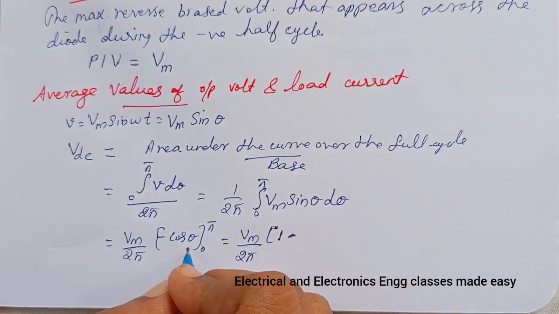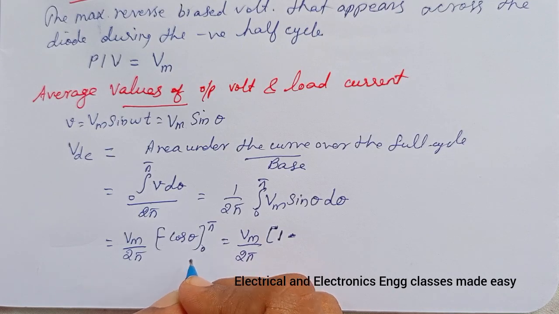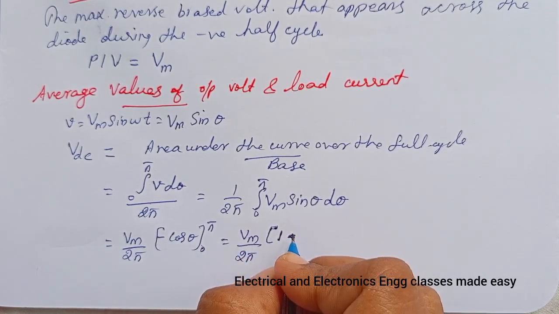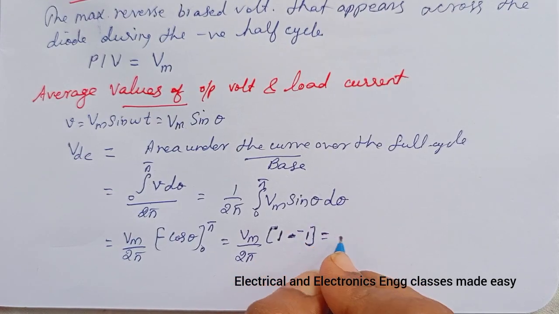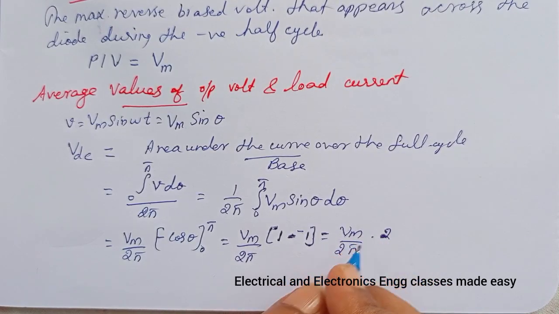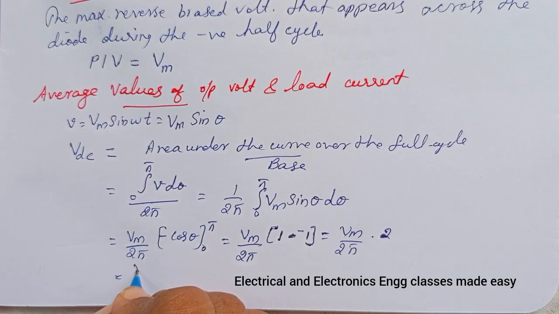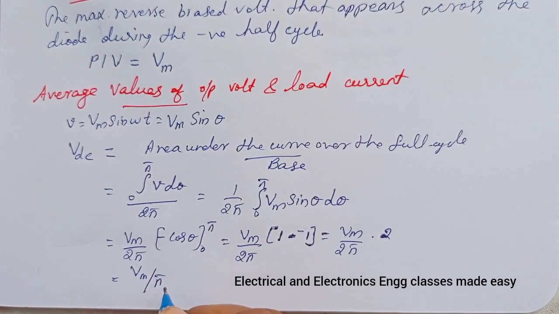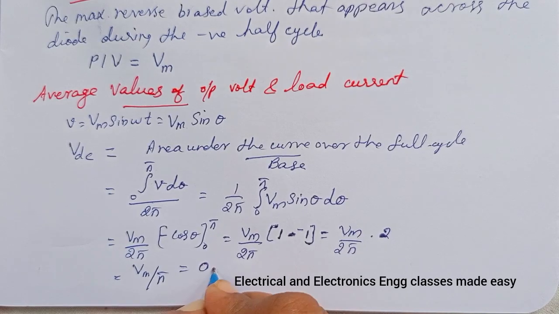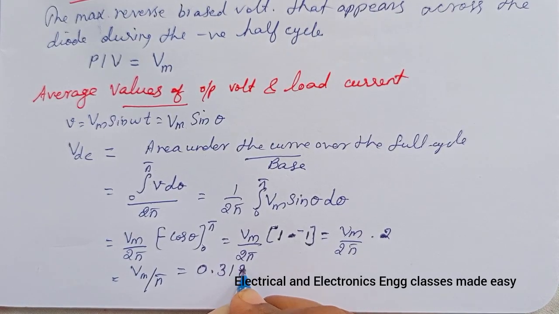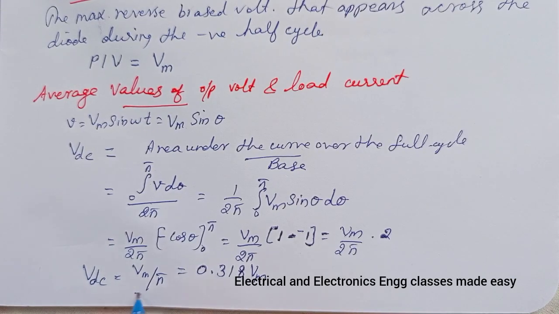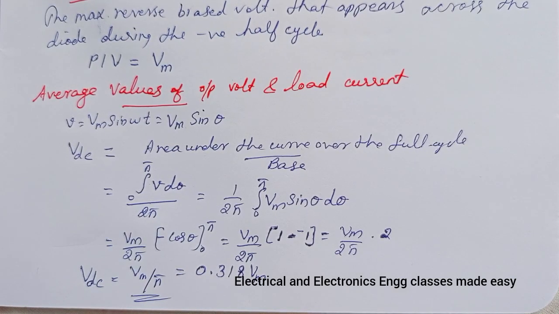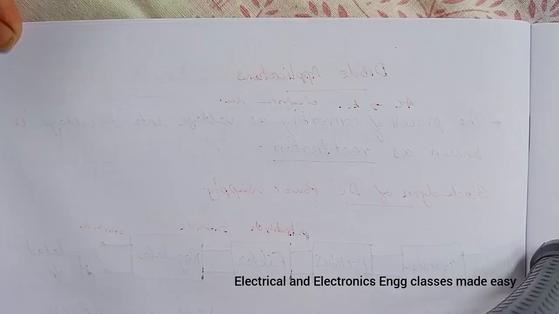Then minus cos 0 is minus 1. That is equal to Vm by 2 pi into 2. So we get Vm divided by pi, or 0.318 Vm. So the average value is Vm divided by pi in the case of a half wave rectifier.